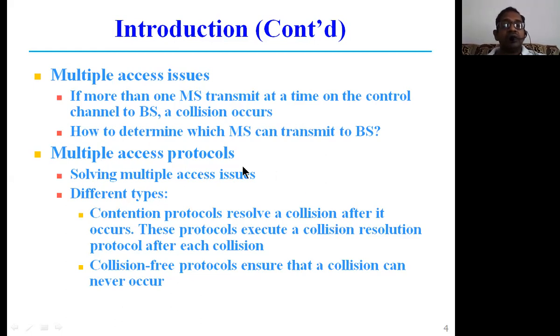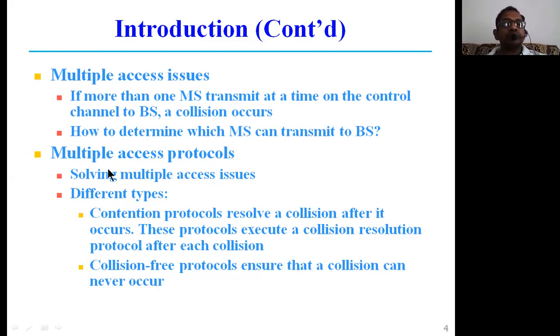That can be performed by using protocols. Now we know what a protocol is: a set of rules governing the communication. These protocols are used to address the issues of multiple access. Therefore, we call these protocols multiple access protocols.